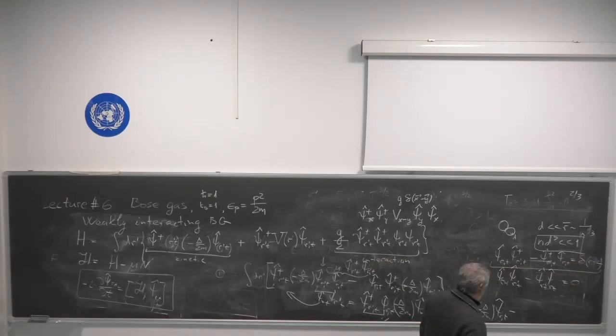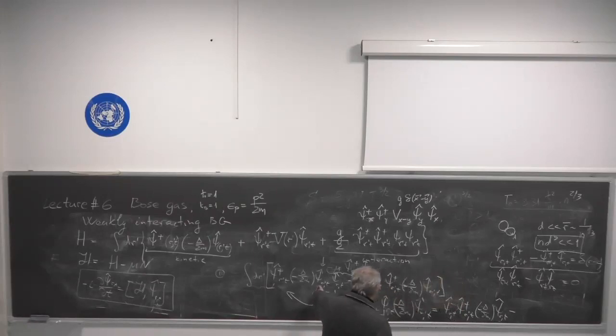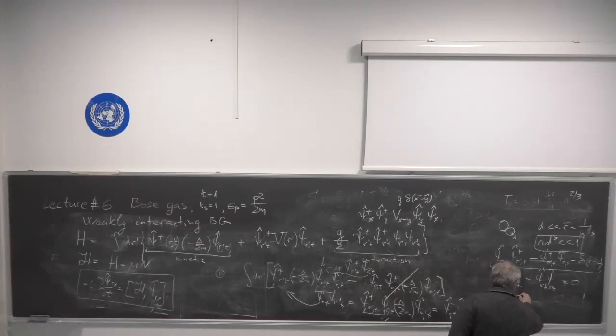The delta function will remove the integral for me. Okay? This term cancels out this one because it has perfectly the same structure with a plus sign. Therefore, I continue for the integral.